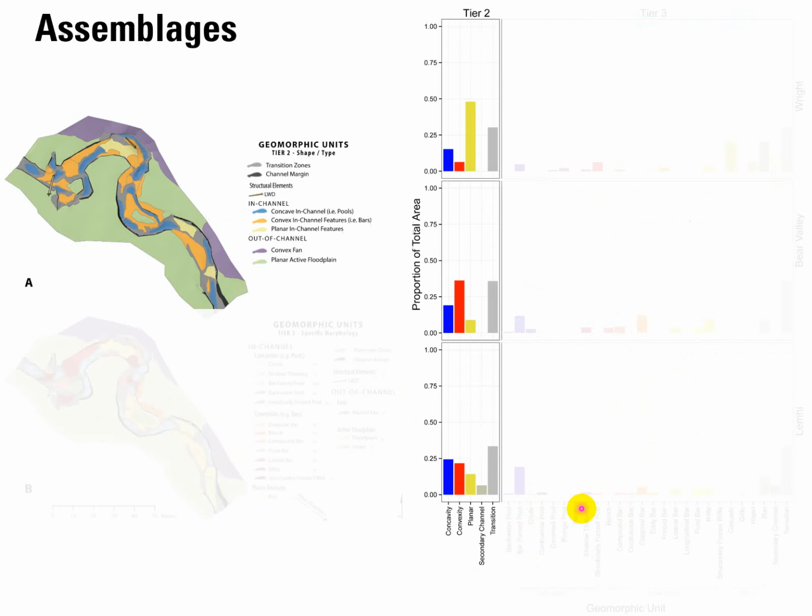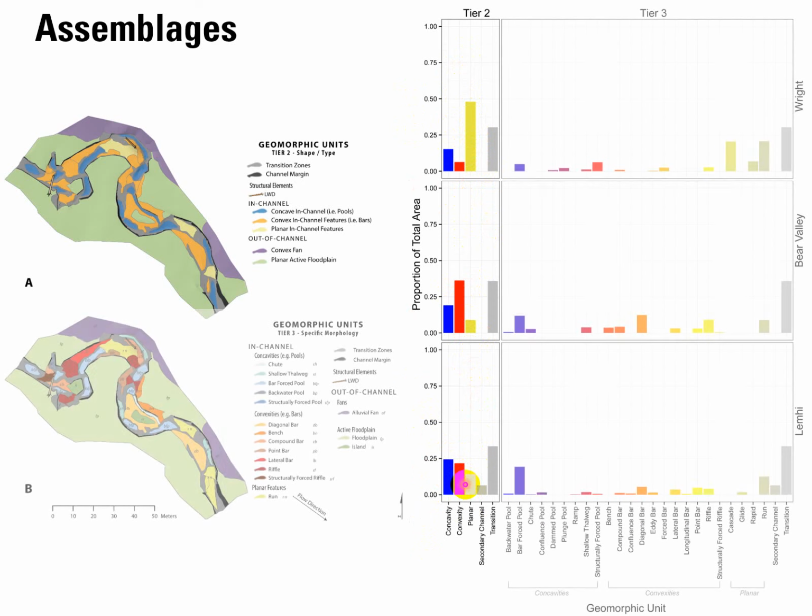Okay. And so when you do that and you apply it to different settings, you get different assemblages of units, right? So here I've got 3 different river types that it's been applied to. And in this one, it's dominated by plane bed features, right? And versus this one where it's a much more even mix of those different shapes, okay?